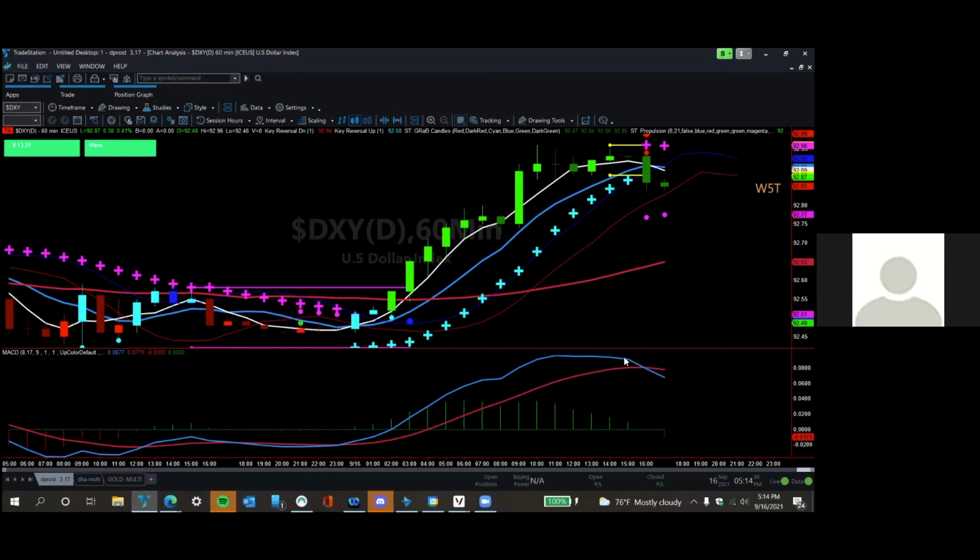So on an hourly chart, you see that the 8-day has crossed the 17-day moving average. The parabolic SARs are telling you to get out. The 4 and the 8-day moving average are telling you to get out. So I'm looking for this particular position, the dollar, to go down a little bit starting tomorrow.